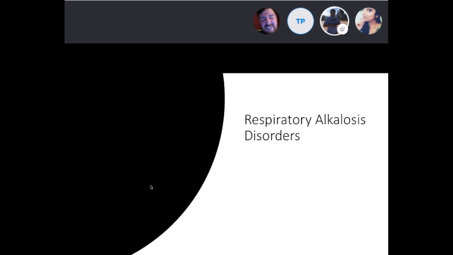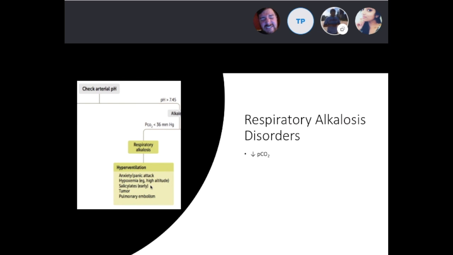So with the respiratory alkalosis disorder, obviously your pH is going to be high and your PCO2 is going to be low. So that's an alkalosis, and the cause is hyperventilation.